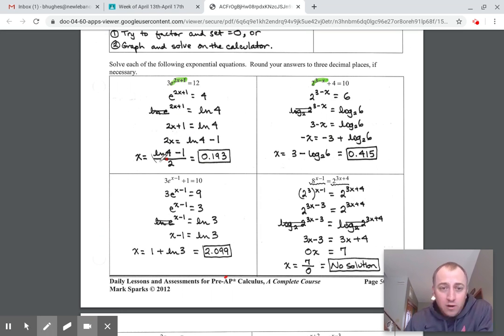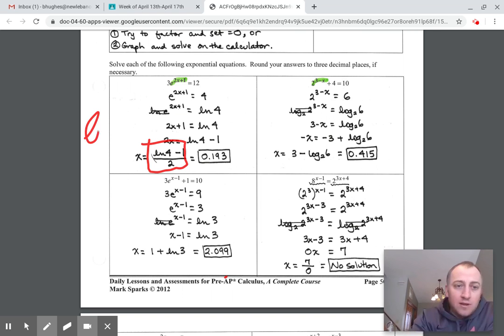And subtract 1, divide by 2. I would be perfectly okay with this as an answer. You can type it into your calculator. You're just going to have to round. The only thing I would say to be careful of would be that natural log of 4 minus 1. When you type that into a calculator, it's going to give you the natural log and then it opens a set of parentheses. When you type in 4, you need to make sure that you close the set of parentheses around the 4.